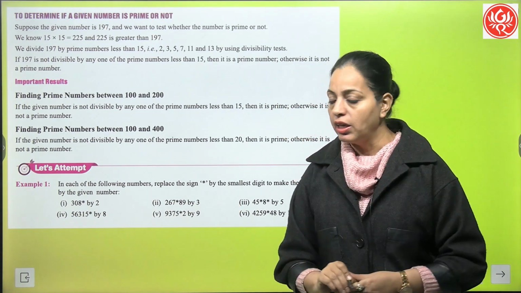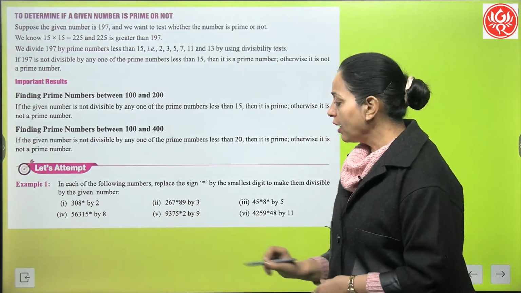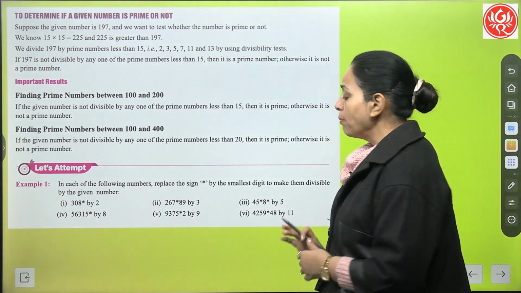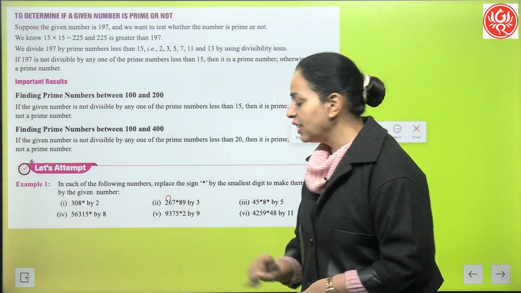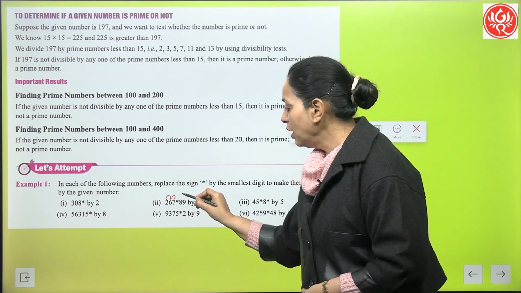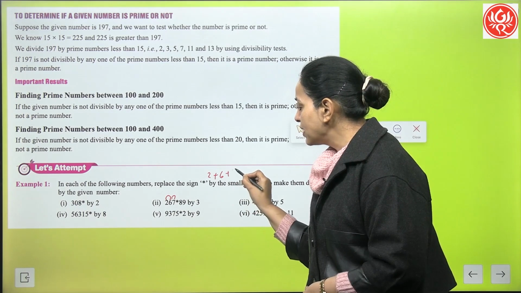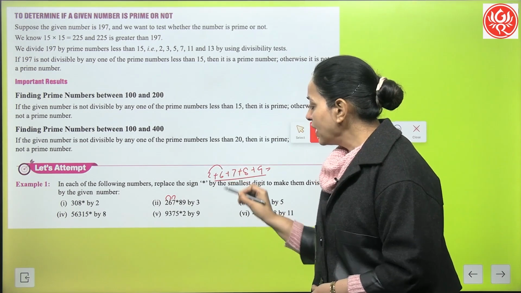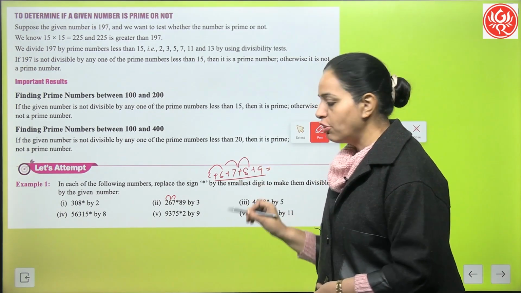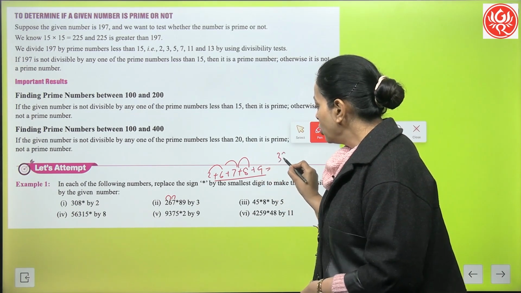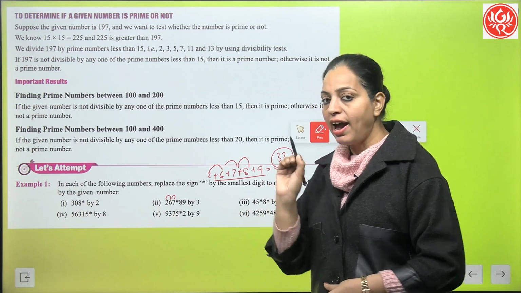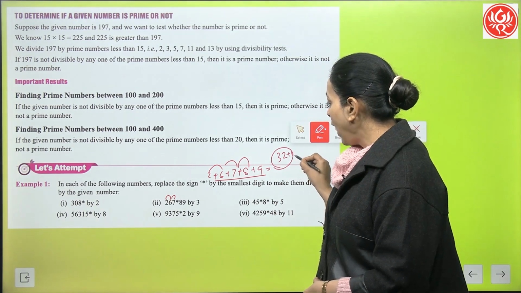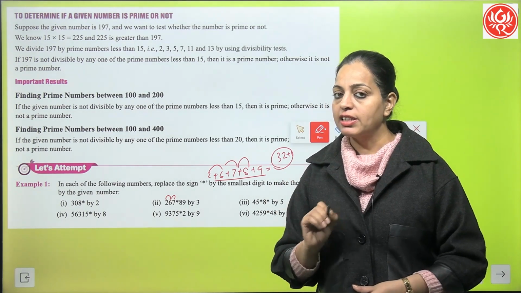267-89 by 3. अब यहाँ पर एक डिजिट मिसिंग है. हम क्या करेंगे? जितने डिजिट्स हैं उनका सम ले लेंगे, because by 3 में what we do, हम सम ऑफ डिजिट्स लेते हैं. सो 2 + 6 + 7 + 8 + 9. 2 plus 6, 8 plus 7, 15 plus 8, 23 plus 9, 32. अब 32 में हम क्या ऐड करें, वो नंबर डिविजिबल बाय 3 हो जाए. सो 32 में we can add 1, it would be 33, and 33 is a multiple of 3.